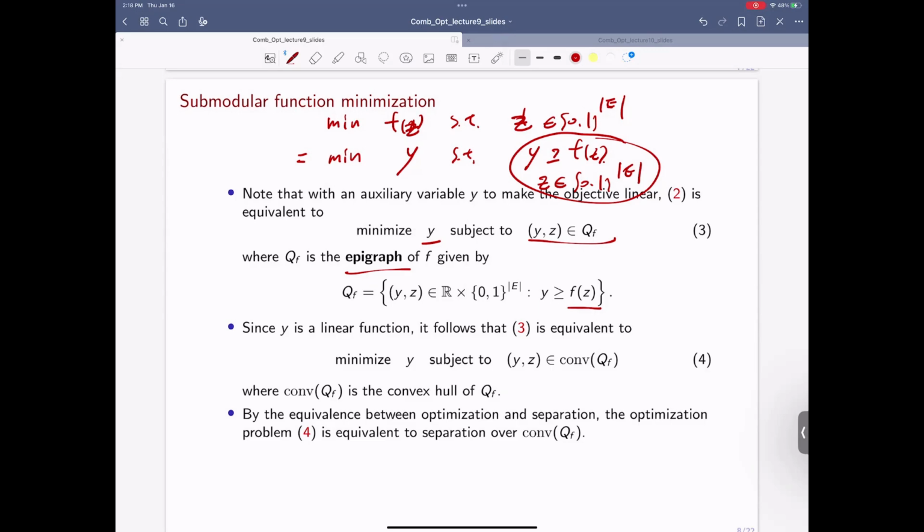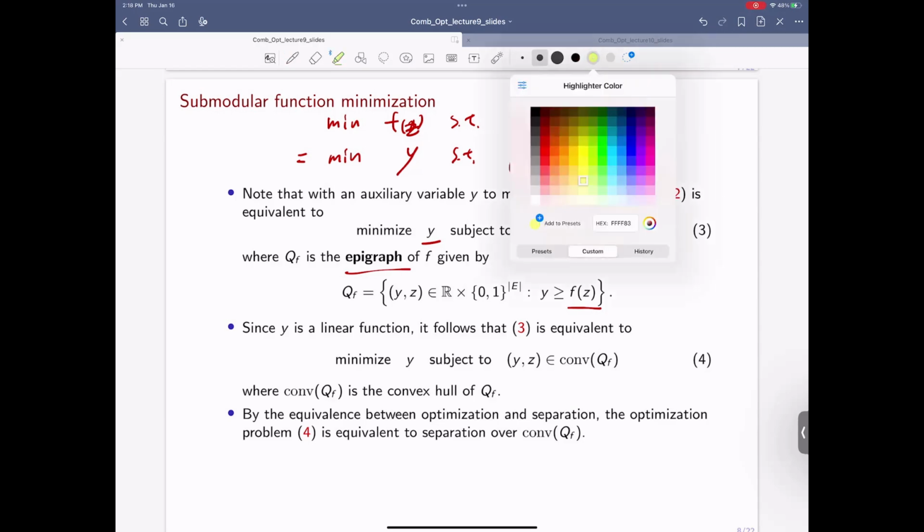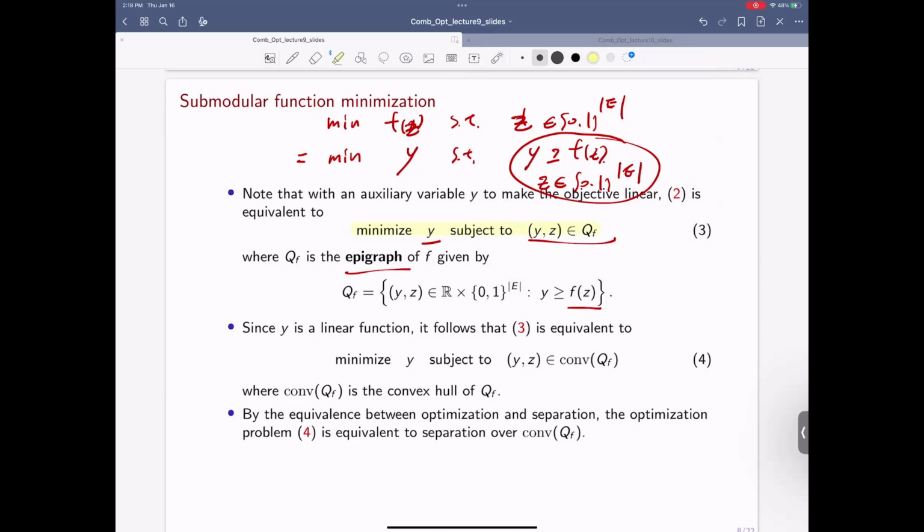So we have this problem of minimizing y, where (y, z) belongs to Q of f. Now that we have a linear objective, y is a single variable, which is a trivial linear function.